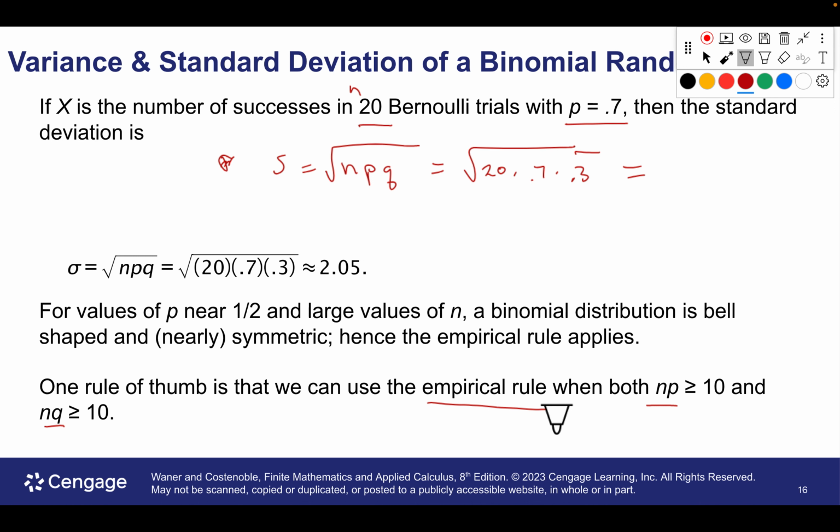It depends on the probability. So 50-50 is different. Binomials look different depending upon the difference between p and q. We could do a quick check: if n times p is bigger than 10, then it's pretty much like a normal distribution. Or n times q is bigger than 10. Both of them actually have to be.